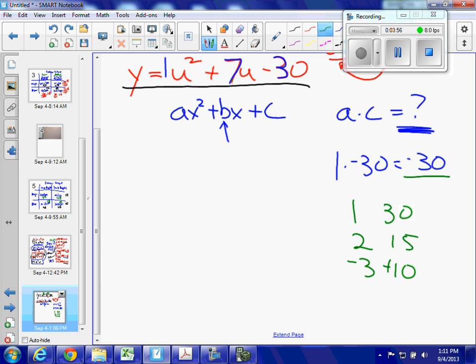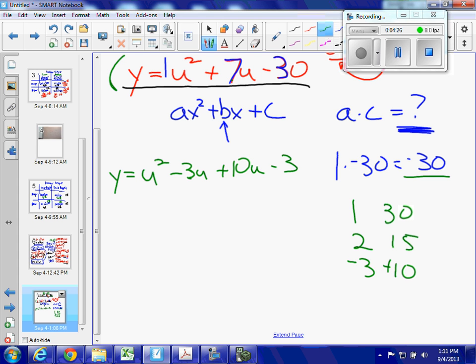So I'm going to rewrite my original equation. I'm going to write it now as y equals u squared, because I'm still dealing with u, minus 3u plus 10u minus 30.